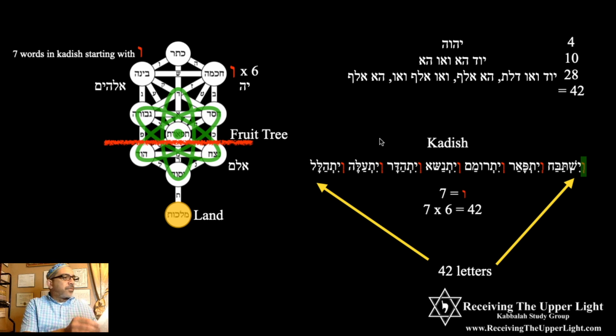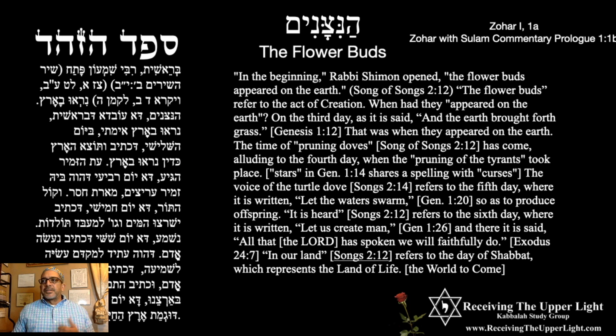It consists of 1, 2, 3, 4 paragraphs basically, and it's not as hard to understand as the Lilly, because the Lilly has a lot of mystery in it, a lot of symbolism that you need to understand before you go to the flower buds. And the first thing you need to know is the flower buds are the sefirot. That's what we're going to be talking about.